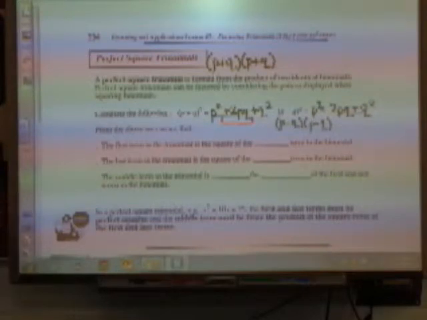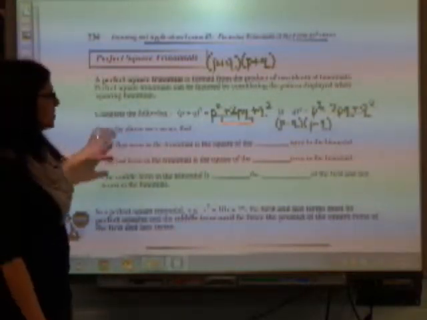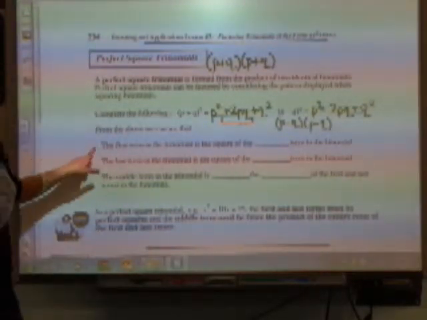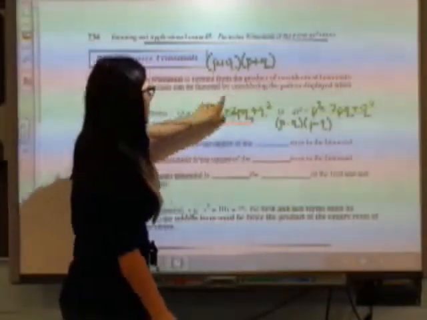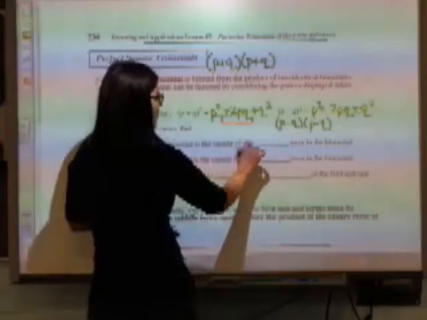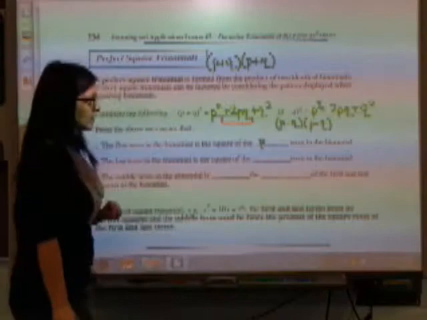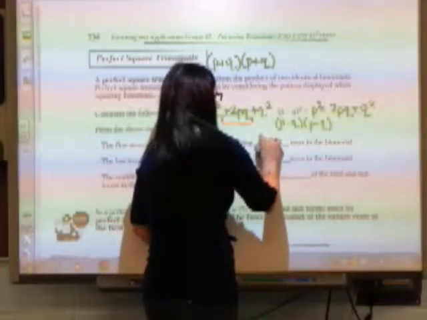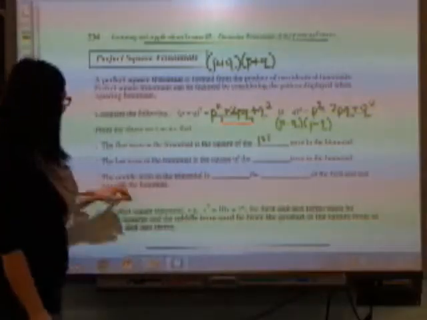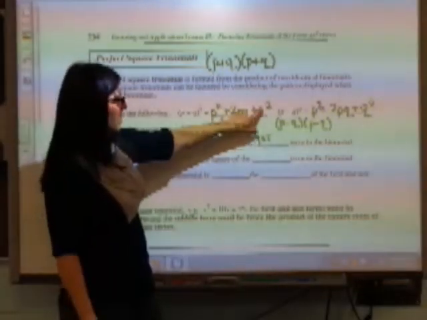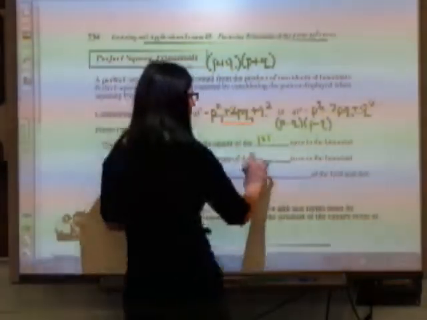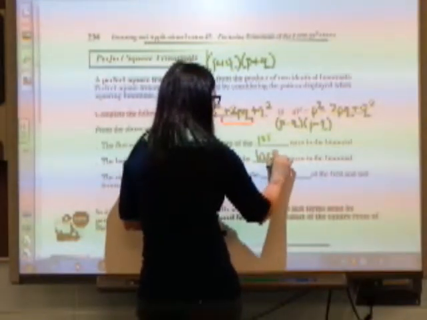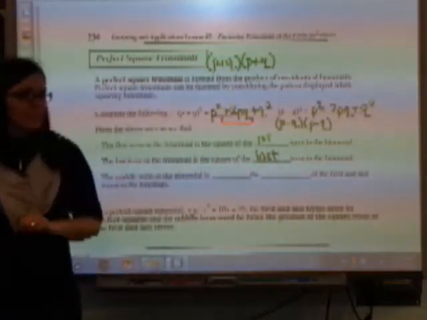So from this patterning, what we should be able to see is that the first term in the trinomial is the square of the first term in the binomial. So, first term. And the last term in the trinomial is the square of the last term in the binomial.